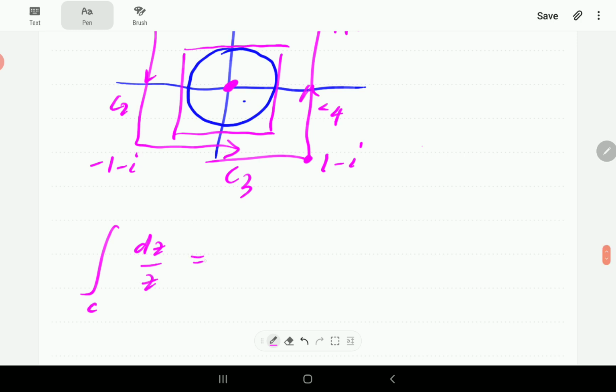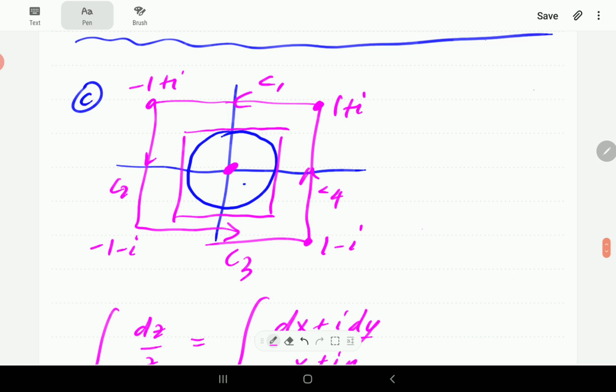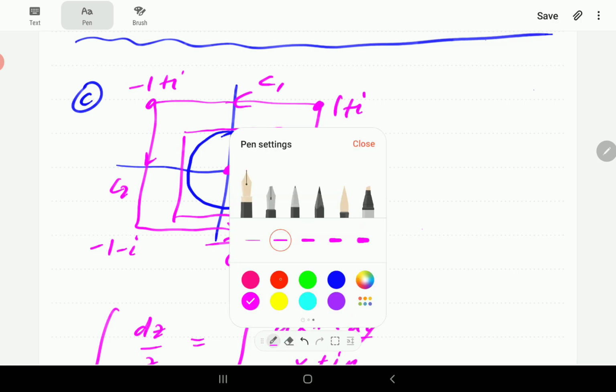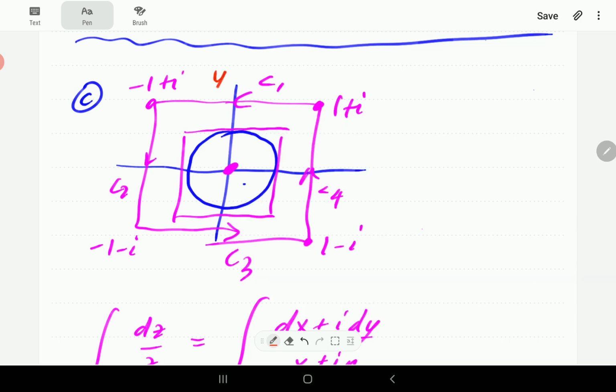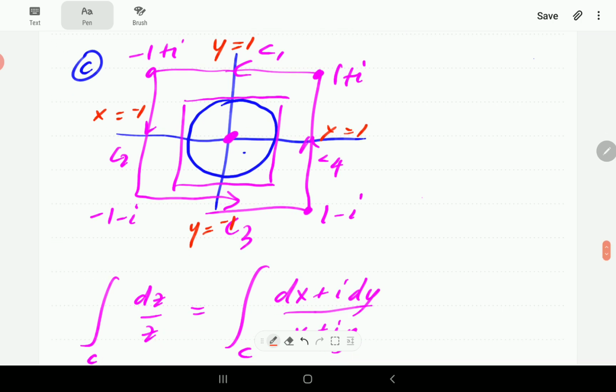So dz is dx plus i dy, and z is x plus iy. C1 is the line y equals 1. C2 is the line x equals -1. This is y equals -1. This is x equals 1. So we're going to do the integral along each of those.